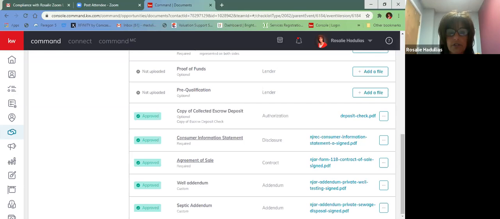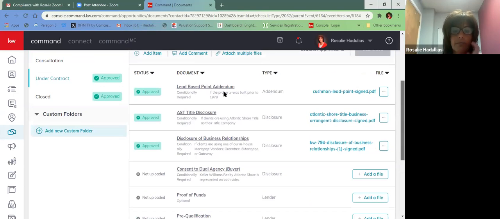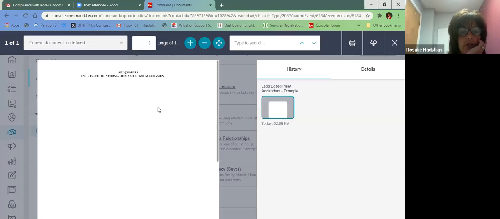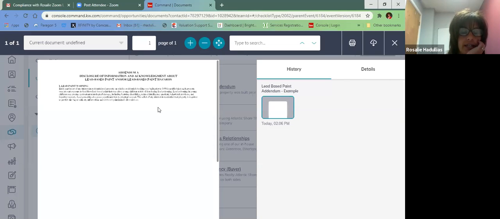And what else do we have here? Oh, and then here's the lead-based paint. And again, it should automatically be filled out by the other agency and the seller. And I'll show it to the new guys.